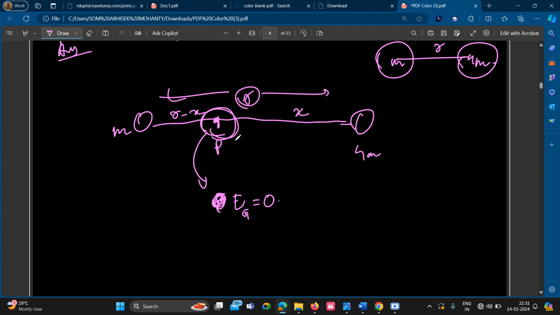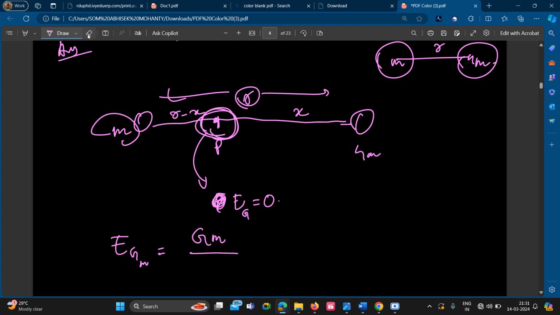We have to calculate the field at P. Gravitation field at P because of mass M will be GM by X square.